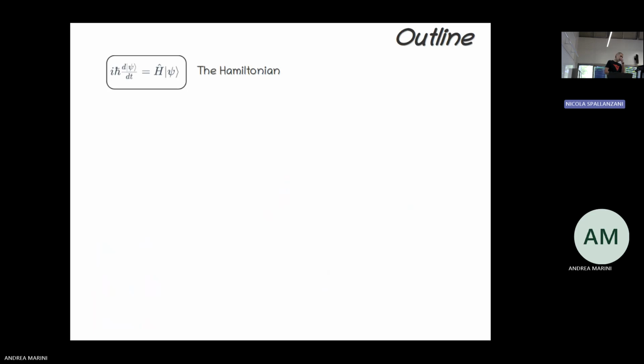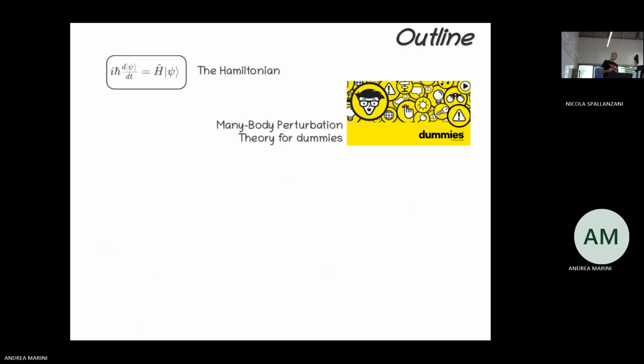Okay, so that is the outline. First, I would like to introduce a concept that is sometimes a little bit hidden: the Hamiltonian. We have seen yesterday that the Hamiltonian we use in everyday life as condensed matter physicists is the one with Coulomb interaction. Where is the Coulomb interaction coming from? We will see how the Hamiltonian that we use every day is not so formally accurate. Then we will introduce very basic concepts of perturbation theory, and we will introduce propagators.